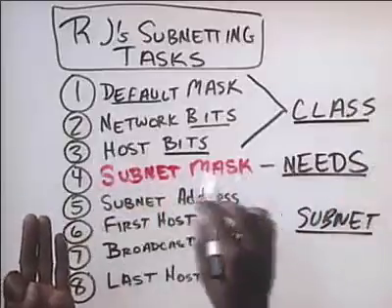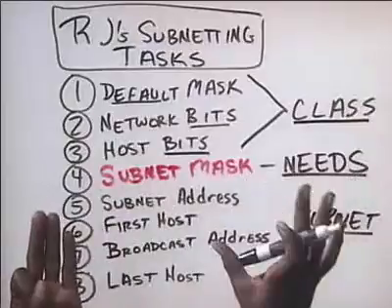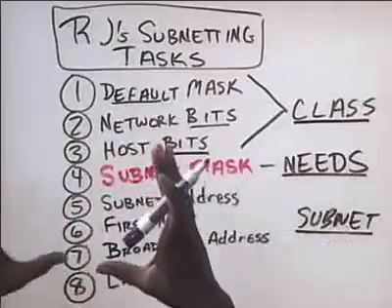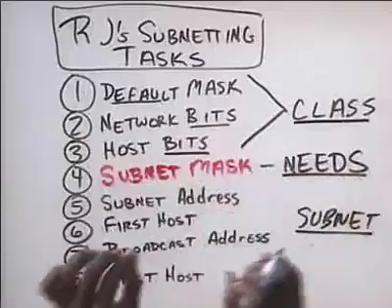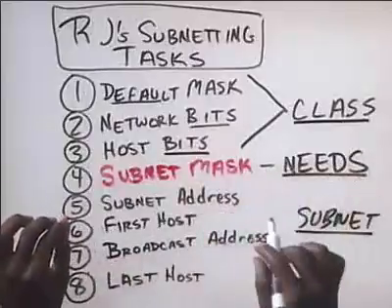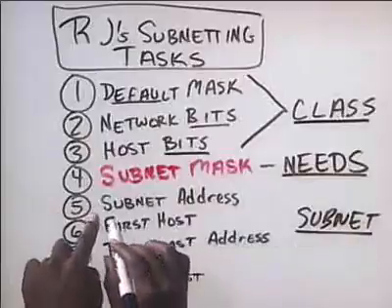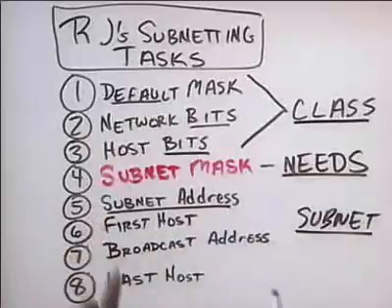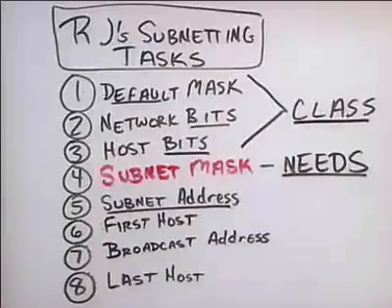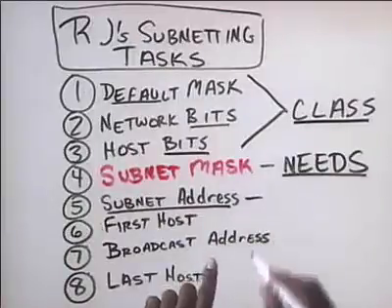The subnet mask is based on needs. It's used to differentiate between the subnet portion of an address and the host portion of an address. And we'll look specifically at some examples on that. But the subnet address itself is derived by using a little rule that we'll be using in our examples.